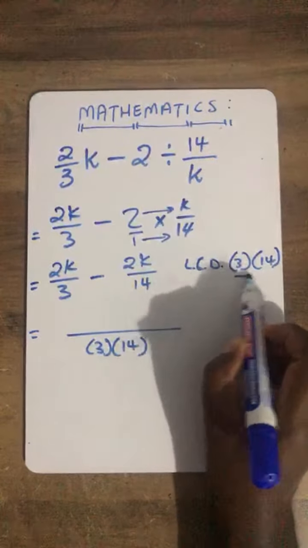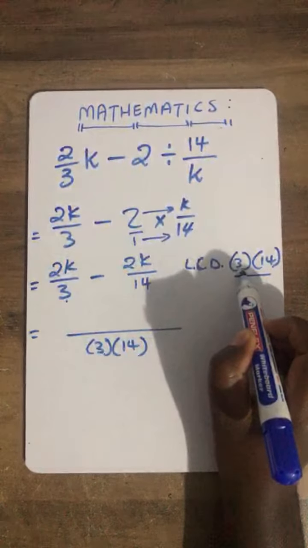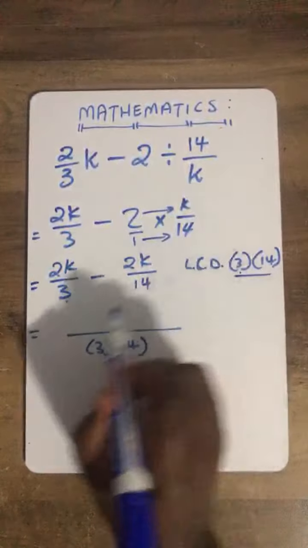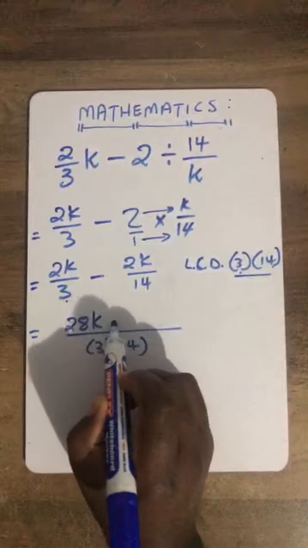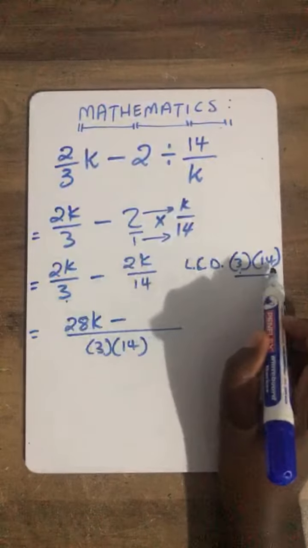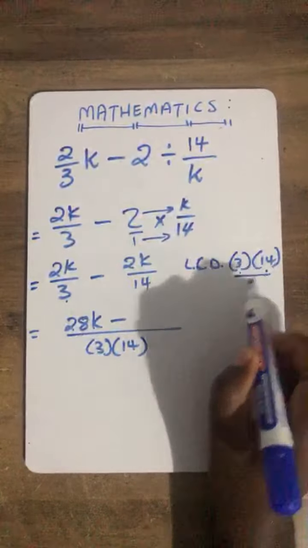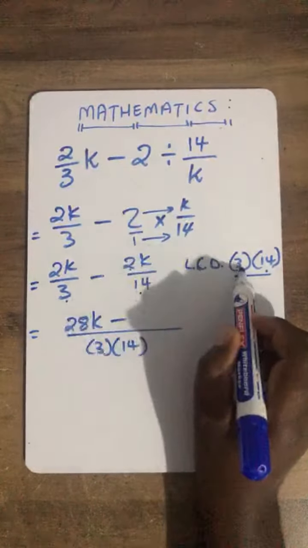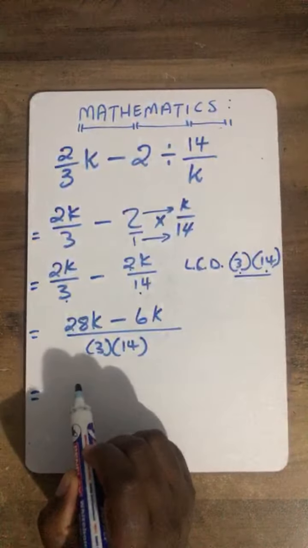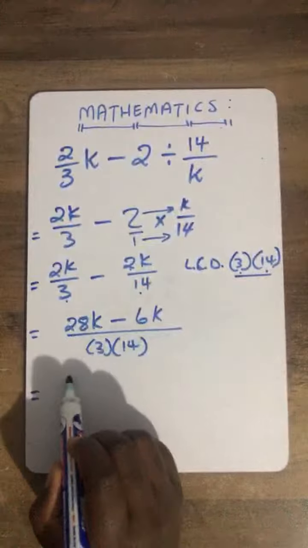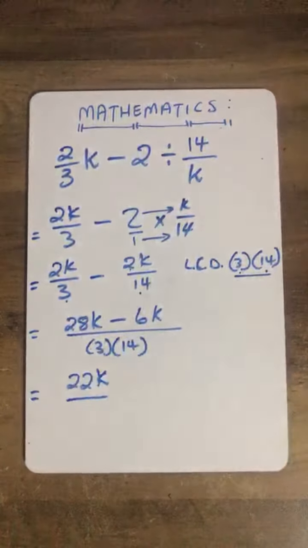Then you multiply this thing by that fraction. This 3 is going to cancel with that 3. So it's like you have 14 times 2. I think that is going to be 28k minus this same thing multiplying that. 14 is going to cancel with that. Then you have 2 times 3, which is 6k. And then you have 20 minus that. I think that is 22k over, what is that times that?